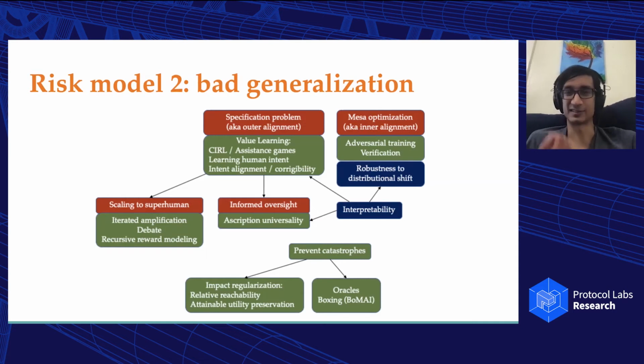The treacherous turn is sort of an instance of this, where your model was always deceiving you, but in the training situation it still did the right things. It caused good outcomes, despite doing it for the wrong reasons. And it was only after the distribution shift that it generalized poorly and then caused humans to die.